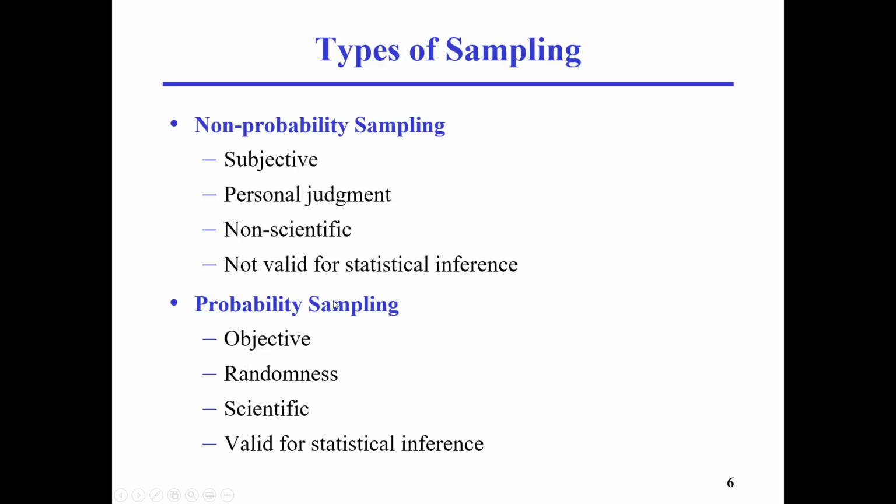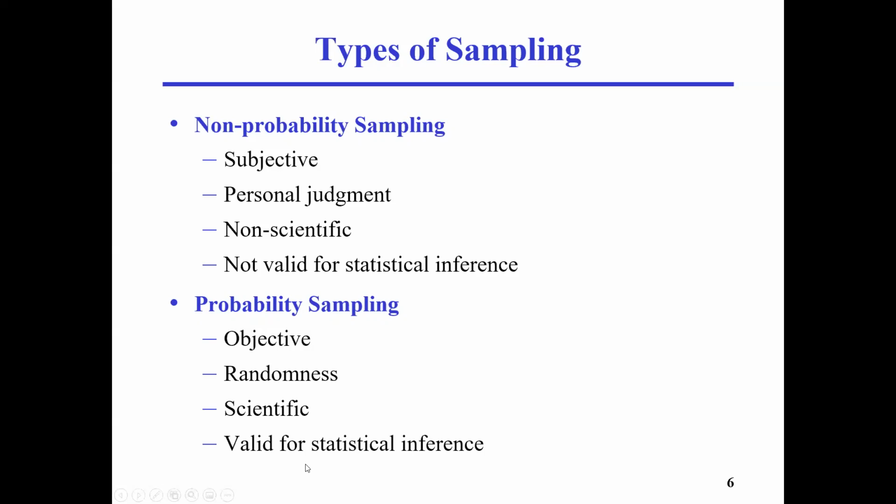So we prefer probability sampling. It's objective, it's independent from people's personal experience, right? There is randomness inside these sampling methods, which means that these observations are more representative. And they are scientific methods, which means they have been proved by scholars, by academia, right?